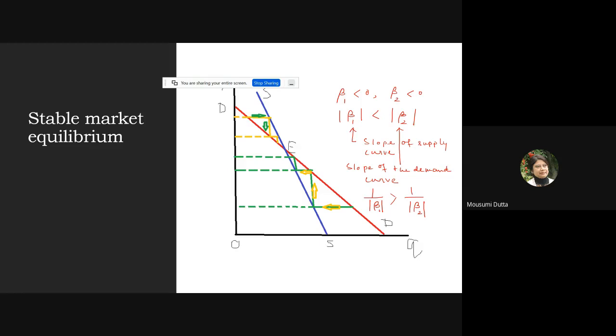Okay. So look at the condition, and when you draw the graph, you have to follow and maintain the mathematical condition. You have to consider the inverse position, because I have changed the axis position. I'm considering price along the vertical axis and quantity along the horizontal axis.